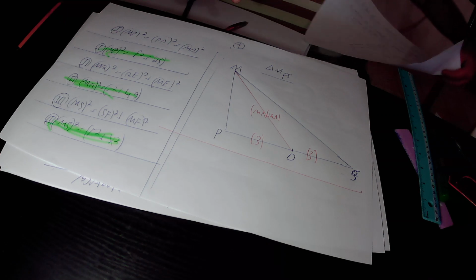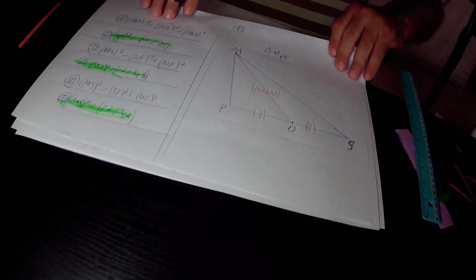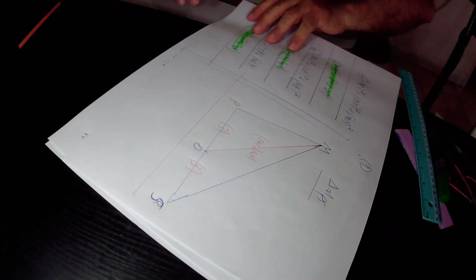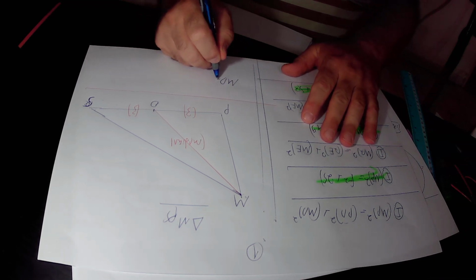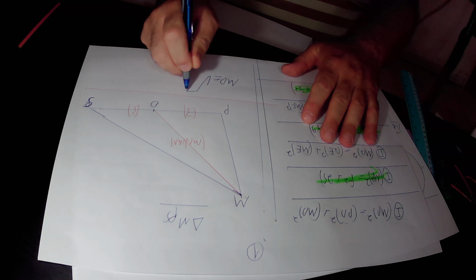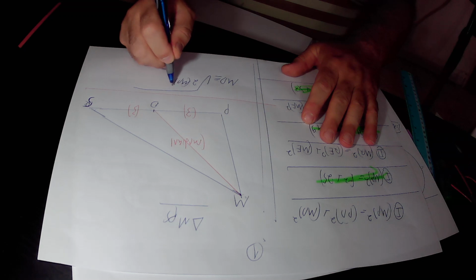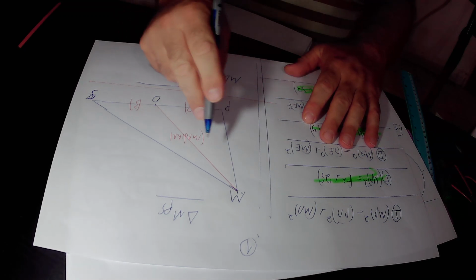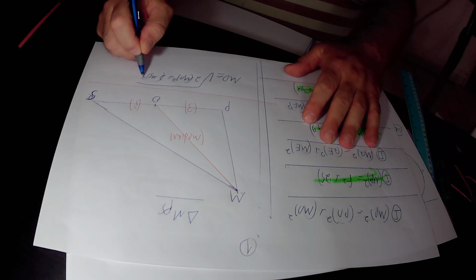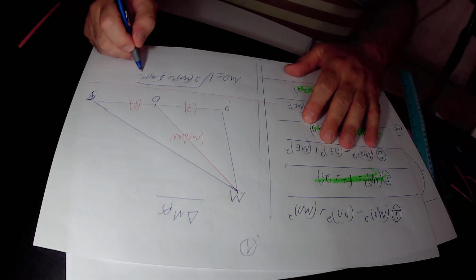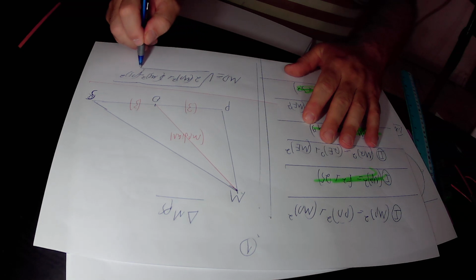Actually, the length of the median MD according to the new formula will be equal to the square root of 2 times MP squared plus 2 times MS squared minus PS squared, divided by 2.